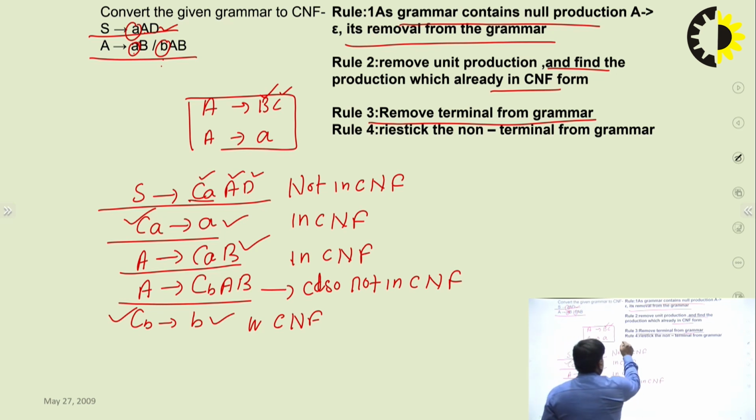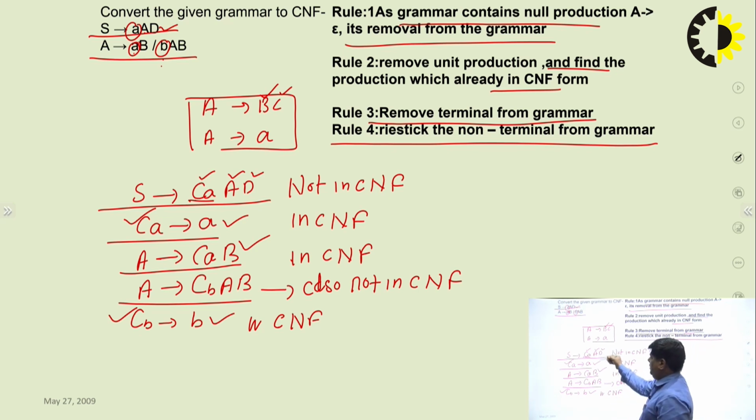Then for these production rules, we go for another rule that is known as restricting the non-terminals in the grammar. If there are 3 or 4 or 5 non-terminals, then they are restricted into 2 non-terminals. Similarly, we apply this rule to this production rule.